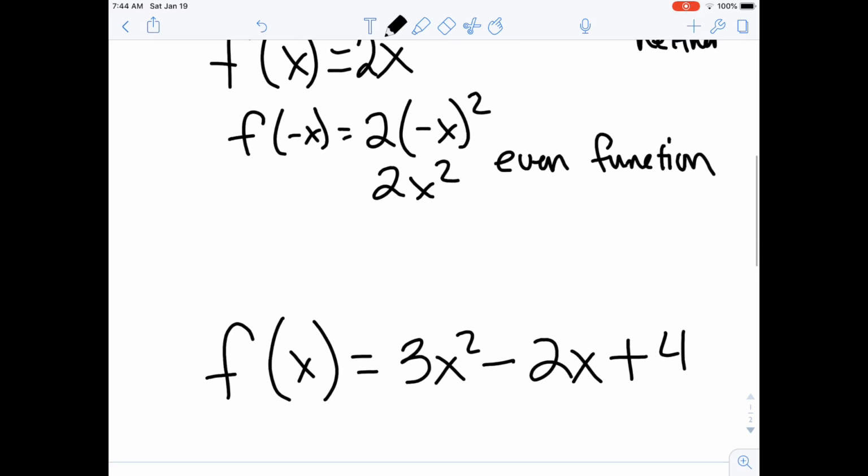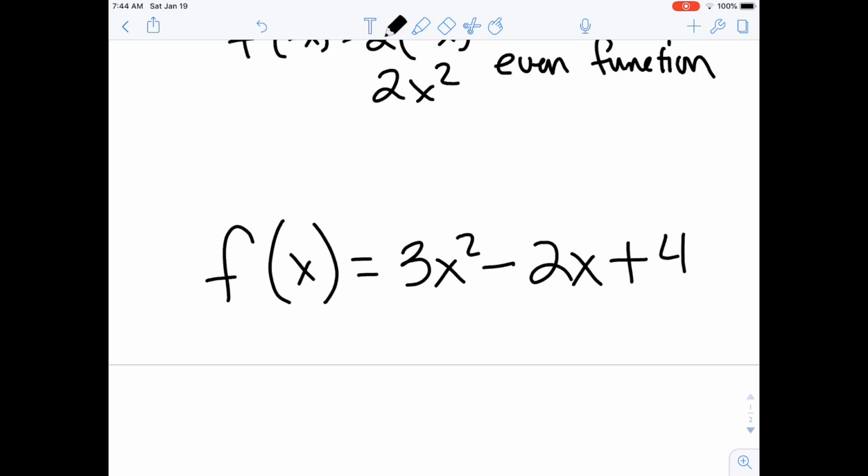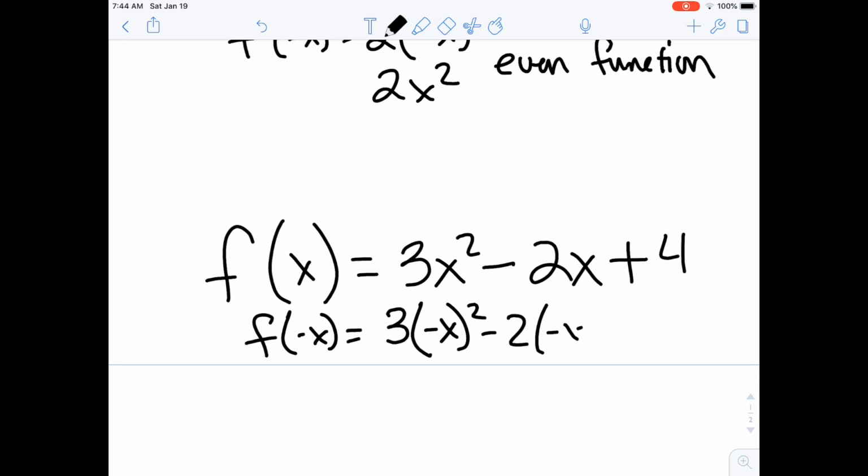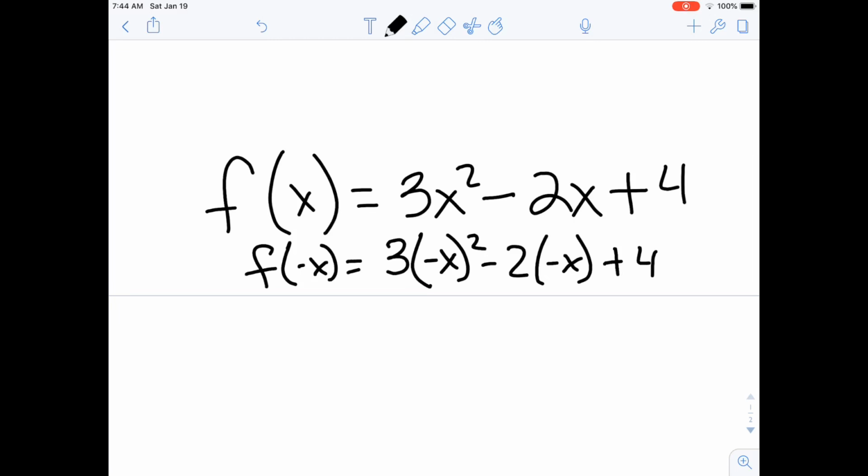Okay. And then you look at this, you have f of x equals 3x squared minus 2x plus 4. So I put in f of negative x into my equation. So you have 3 times negative x squared minus 2 times negative x plus 4. Okay, so negative x squared is positive x squared, so it would be 3x squared.